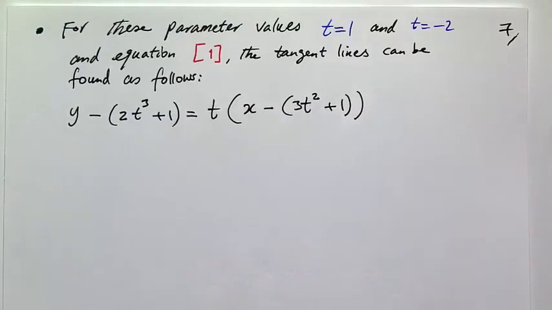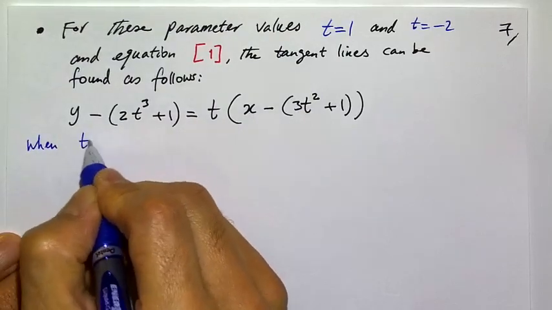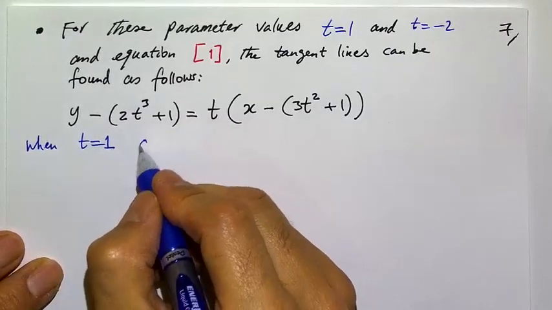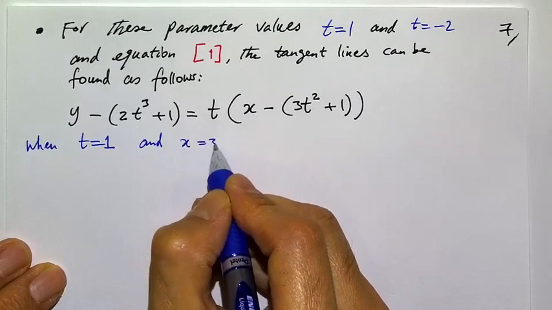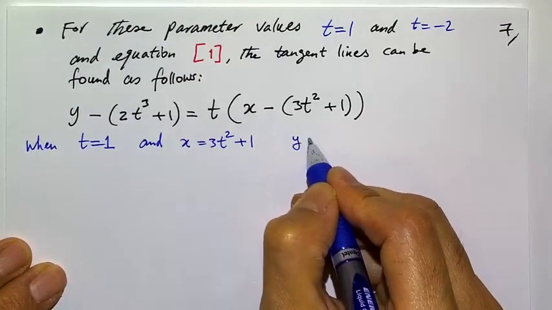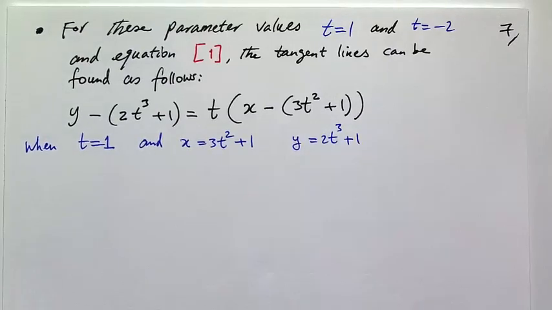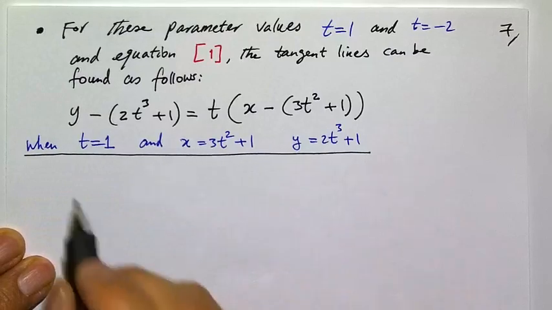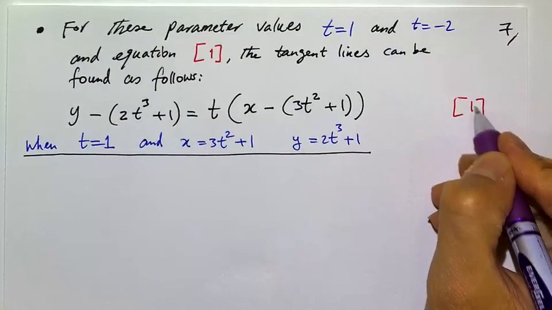Okay, so when t equals 1, and x equals 3t squared plus 1, y equals 2t cubed plus 1. Right, this is our equation 1, by the way.